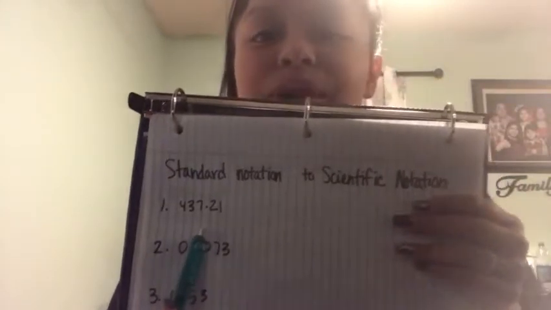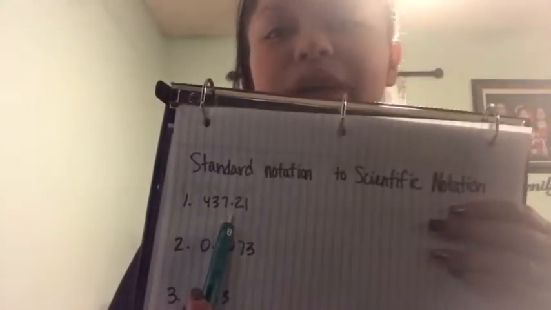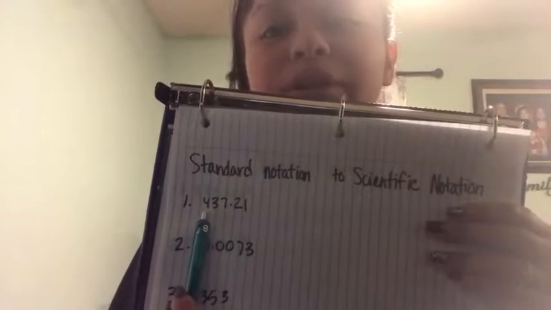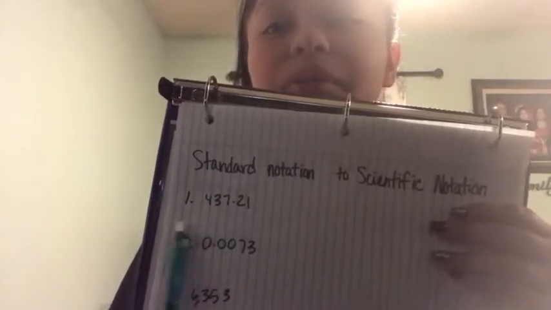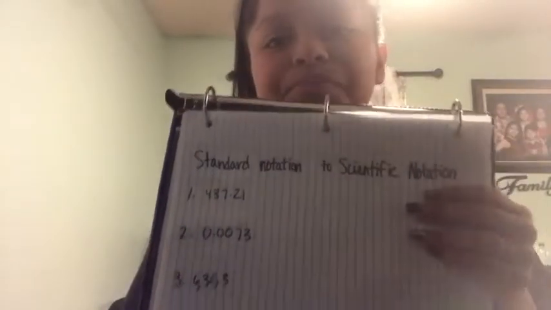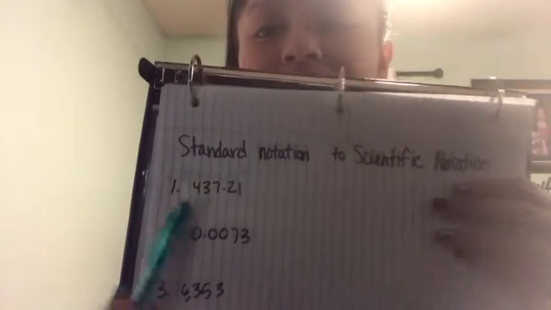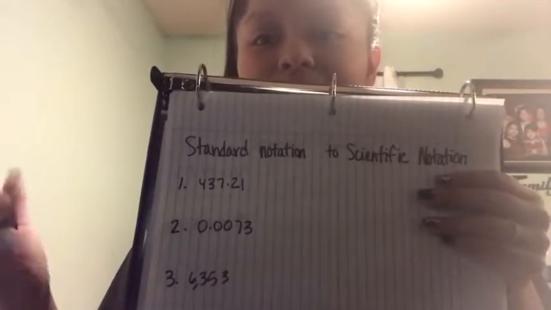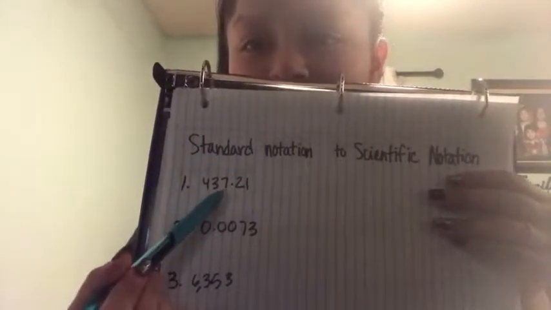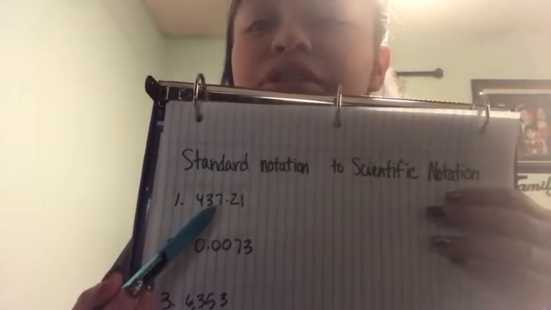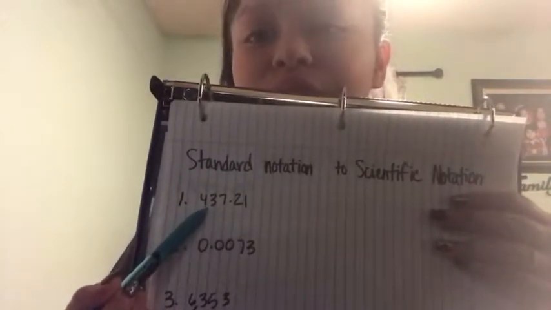So whenever we write in scientific notation, we have to have only one number in front of the decimal point. So for number 1, we will be moving the decimal point from in between the 7 and the 2 to between the 4 and 3.